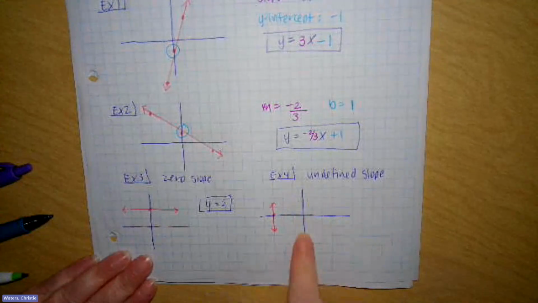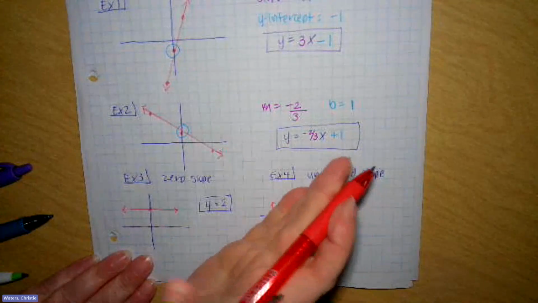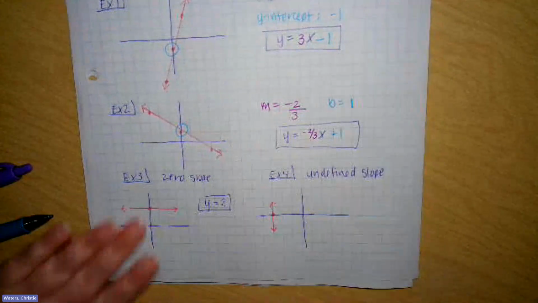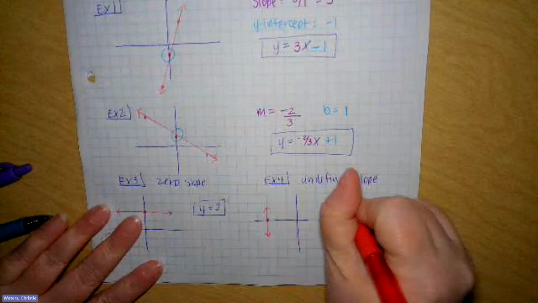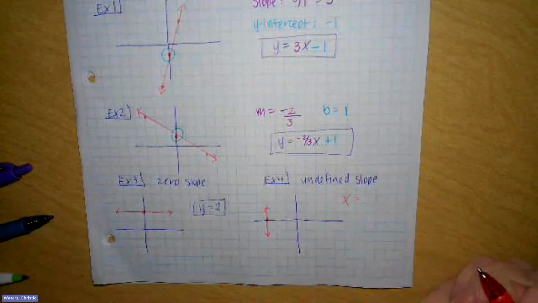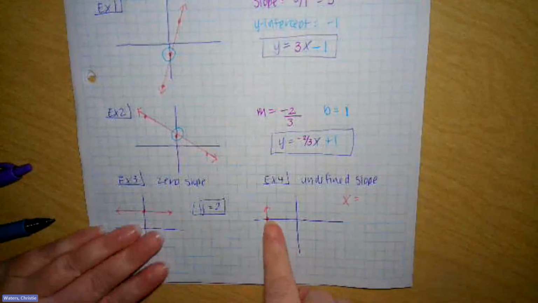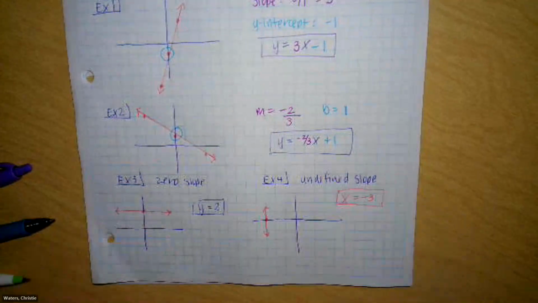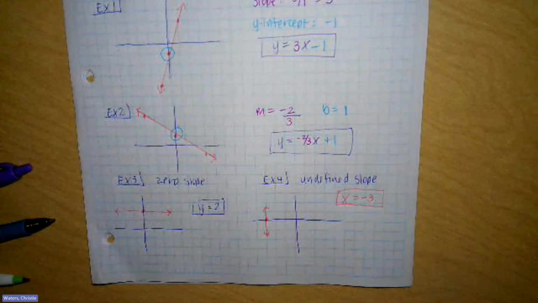It never touches the y-axis. It's never going to tilt over so that it eventually reaches that. It just is always going to be perfectly vertical. So this one, we just need to describe this line by saying where it goes through the x-axis. This one passes through my x-axis at -3. So that is the equation of this line.